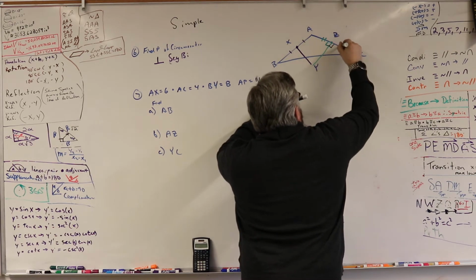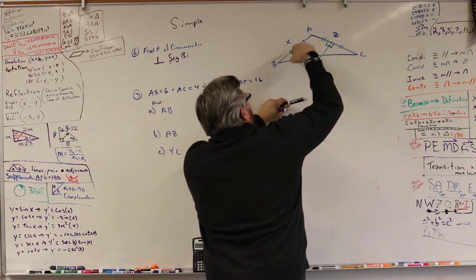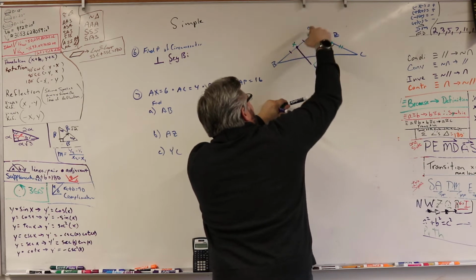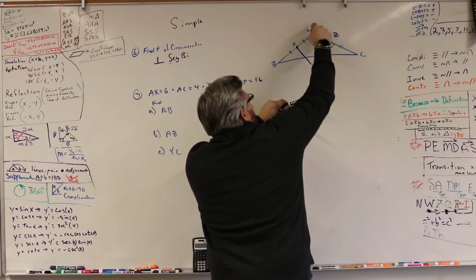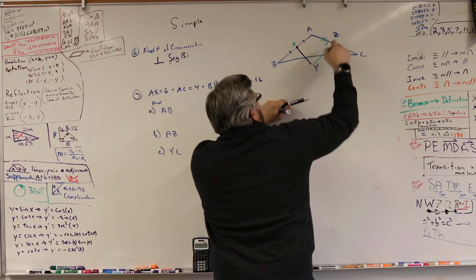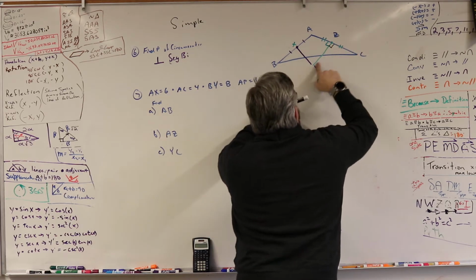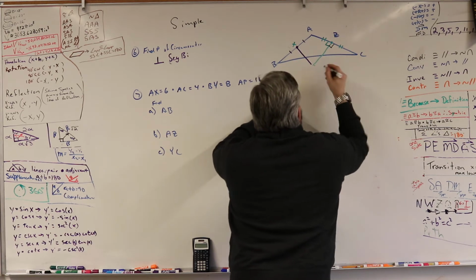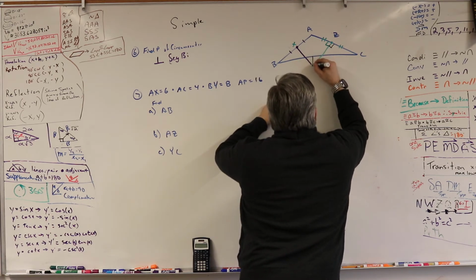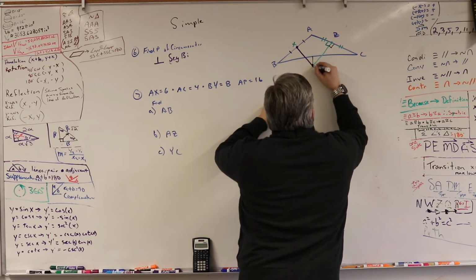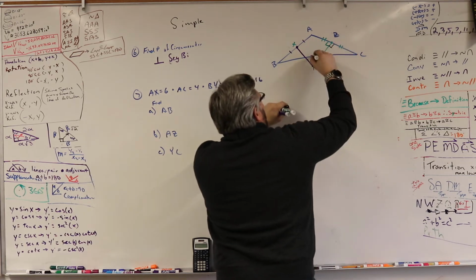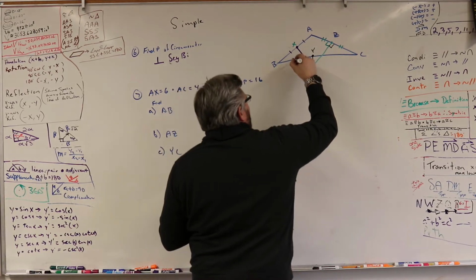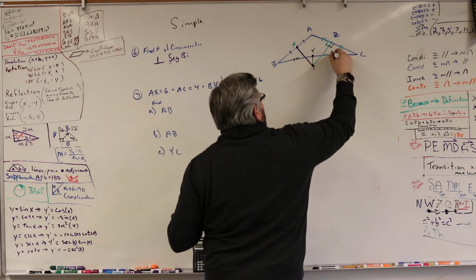That means this is congruent to this. So BX is congruent to AX. AZ is congruent to CZ. And BY is congruent to CY.